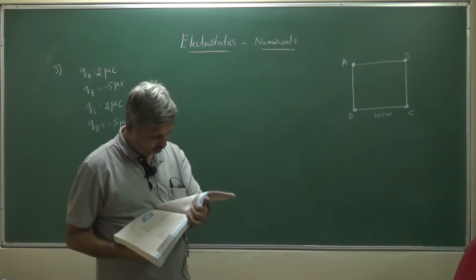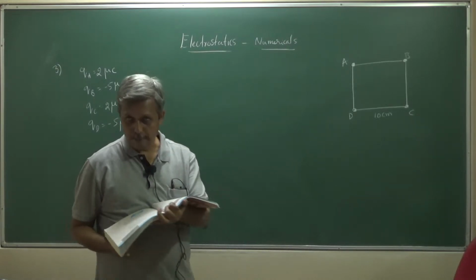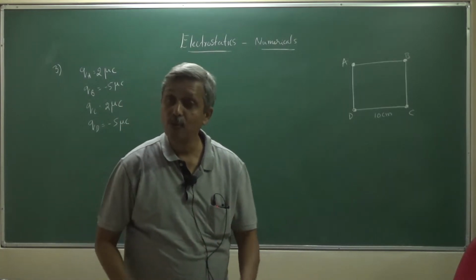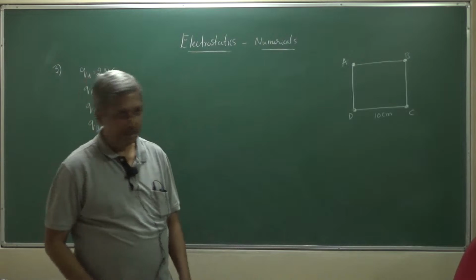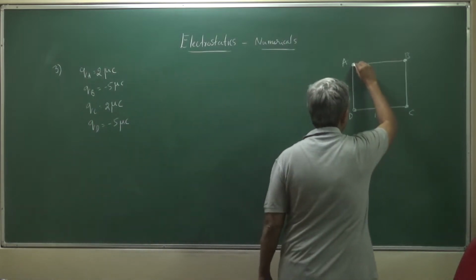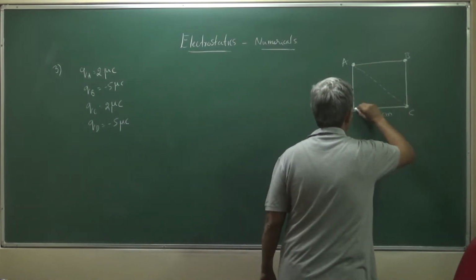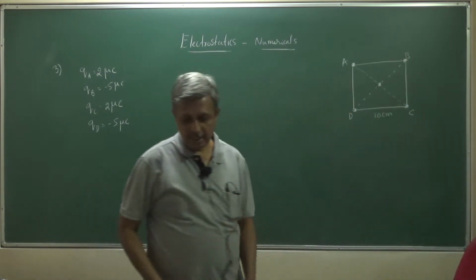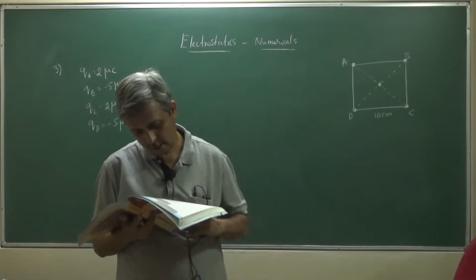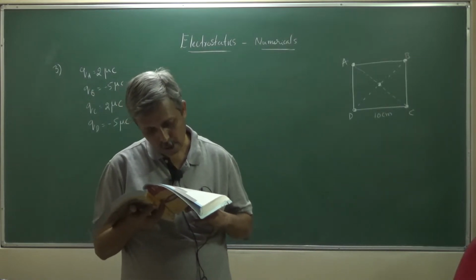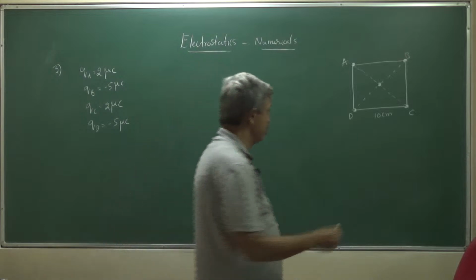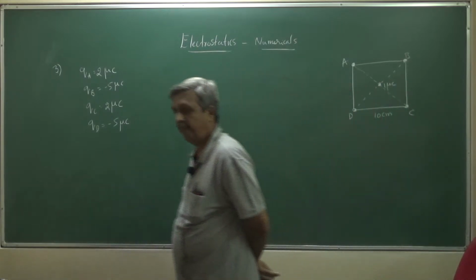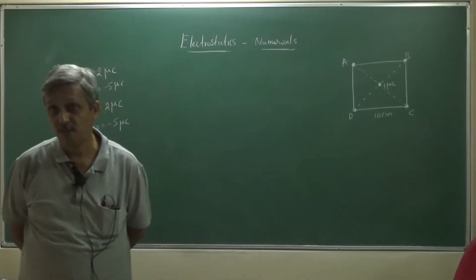What is the force on a charge of 1 microcoulomb placed at the center of the square? You have to put one charge at the center. Center means I am going to join the two diagonals here. This is my center. At the center, we keep a charge of 1 microcoulomb. What is the force on this charge? Let's find out.